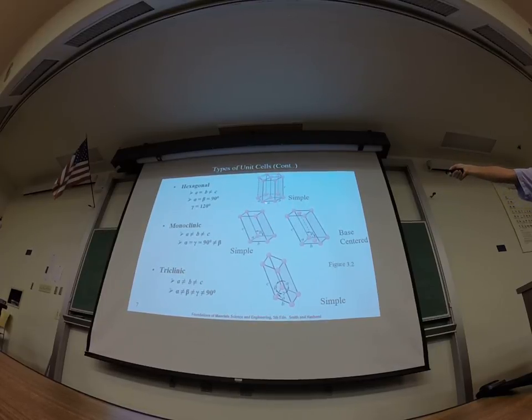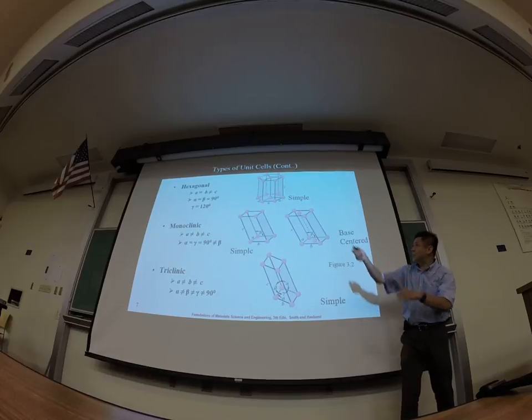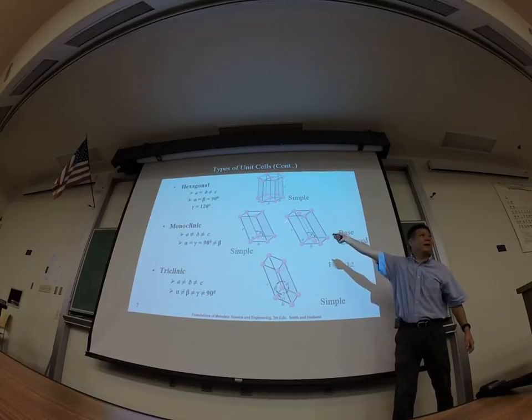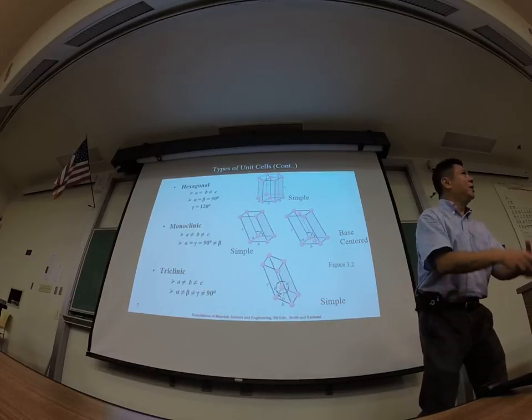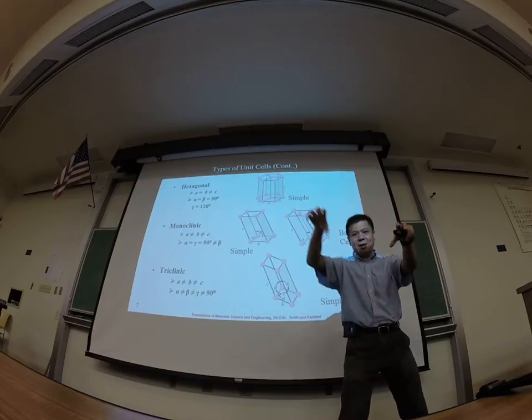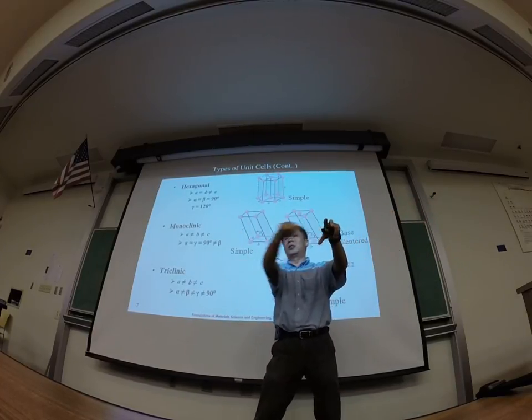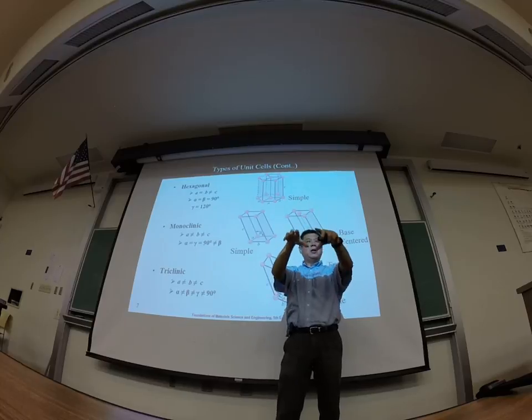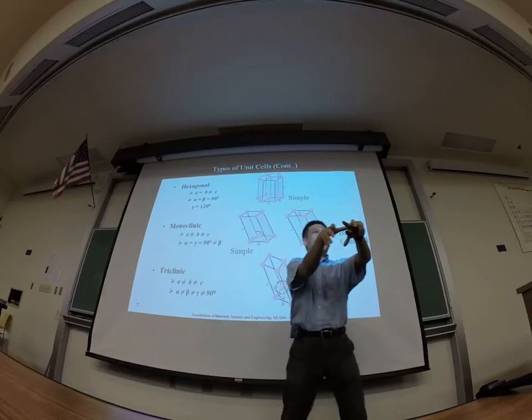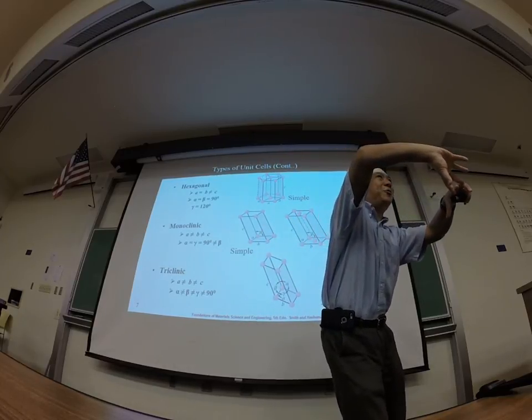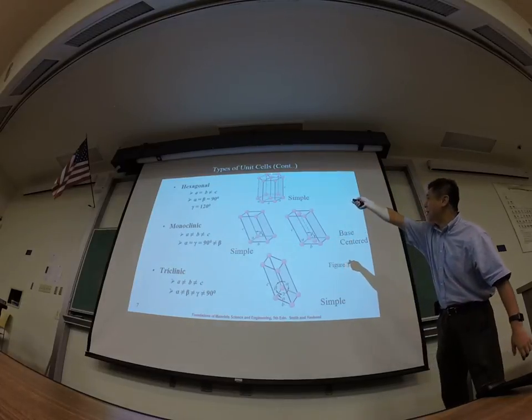Because A equal to B, but not equal to C. If you have three of these tetragonal unit cells, but you do not repeat them 90 degrees along the x, y, and the z direction, but rotate it 120 degrees, then you will get that one, right?